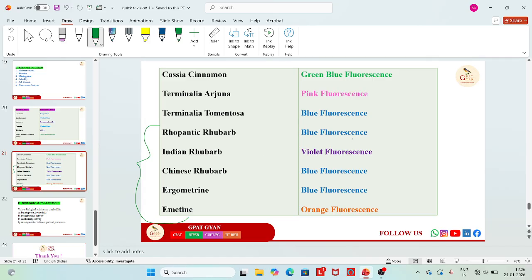Rapontic rhubarb is giving blue fluorescence, whereas Indian rhubarb is giving violet fluorescence. The Chinese rhubarb is also giving blue fluorescence. Ergometrine is very important, okay, very important. It is also giving blue fluorescence, and emetine is giving orange fluorescence.